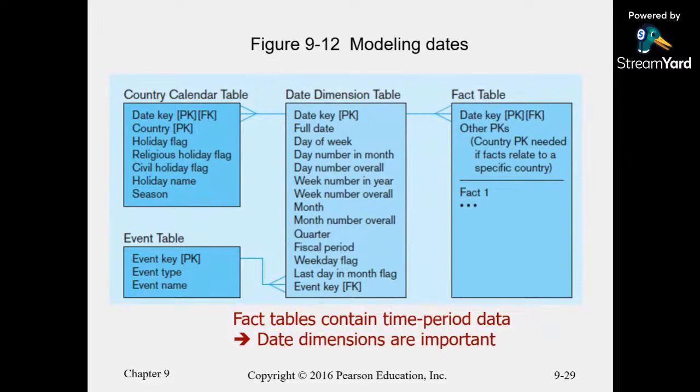So there is a question that could be asked about this model. What can you say about how many events could be associated with a particular date?